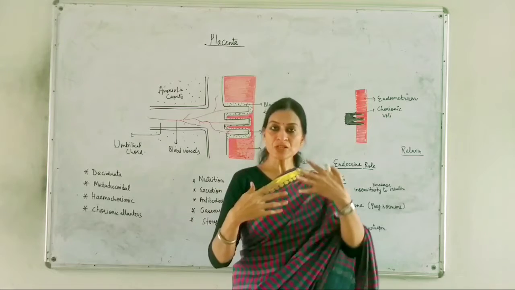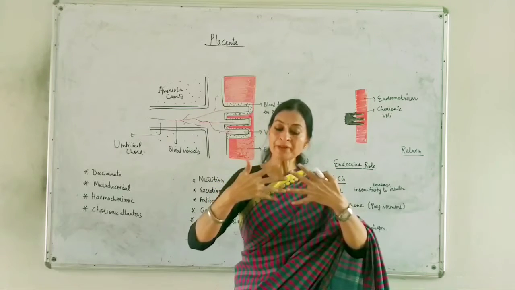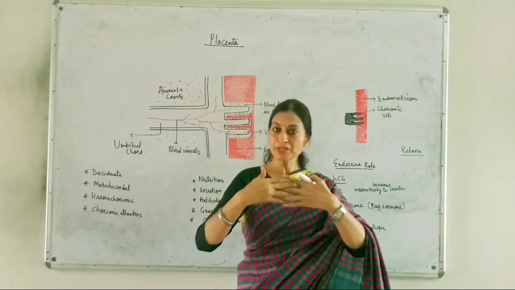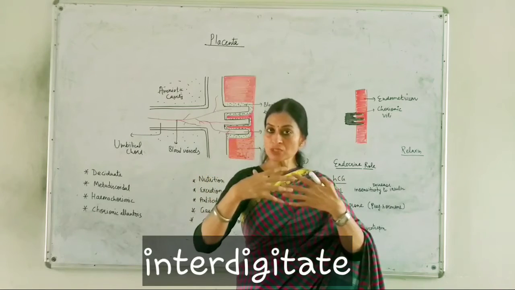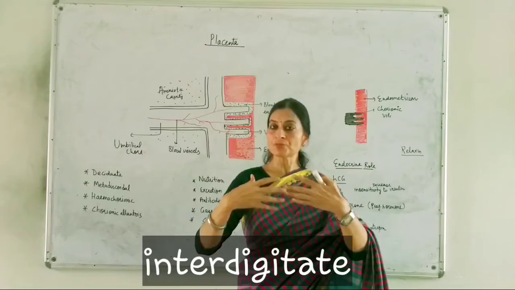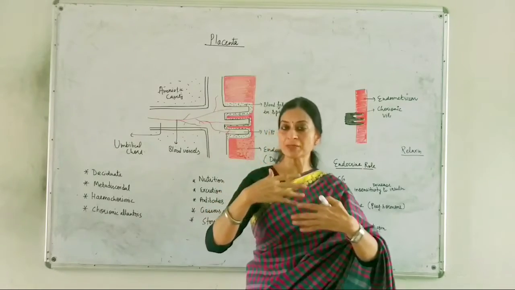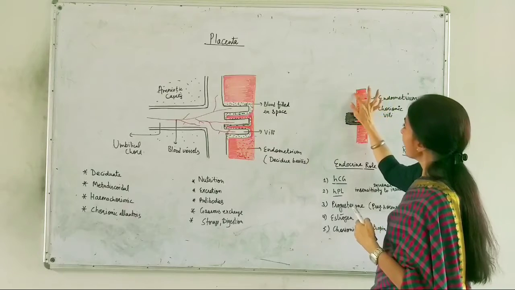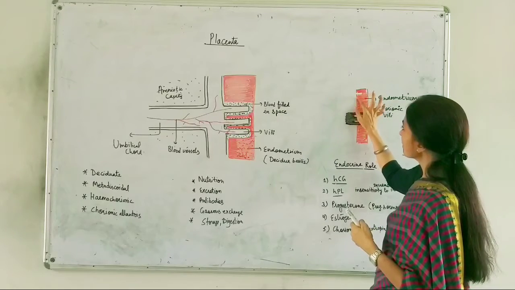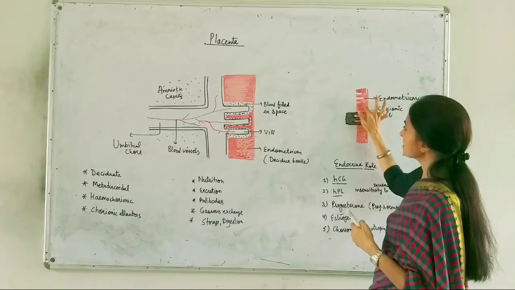These finger-like structures help in interdigitation, meaning locking of the blastocyst in the wall of the endometrium. So, suppose this is the endometrium and these finger-like structures are going to form these spaces.